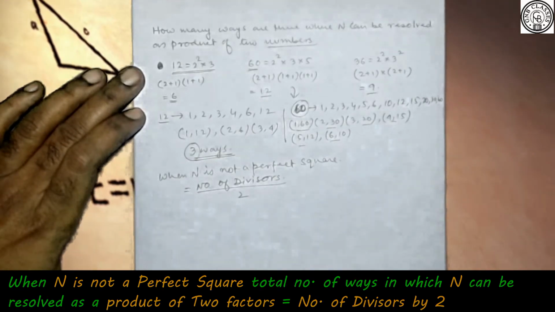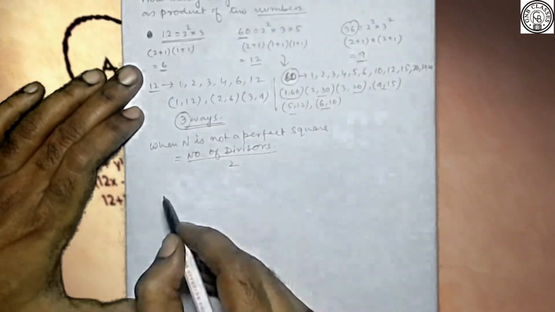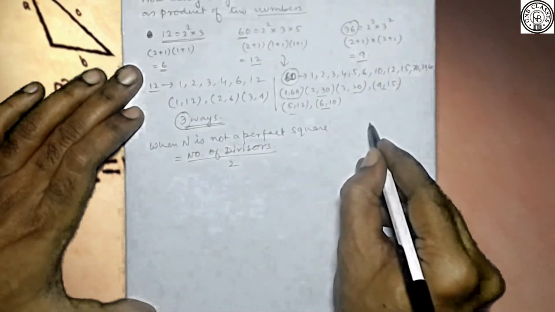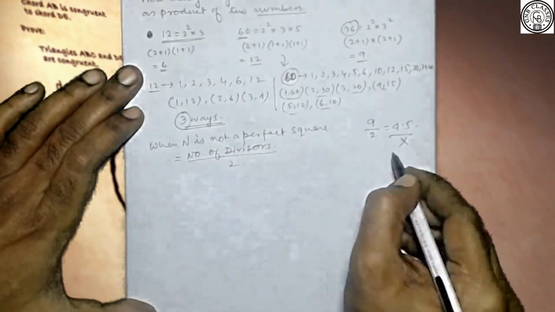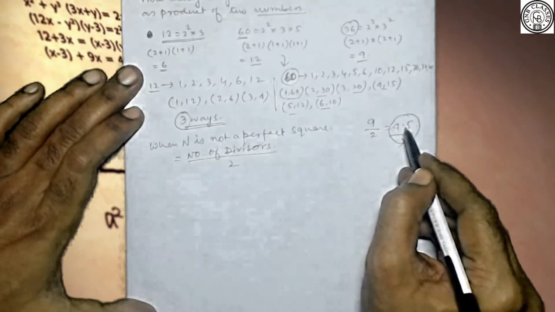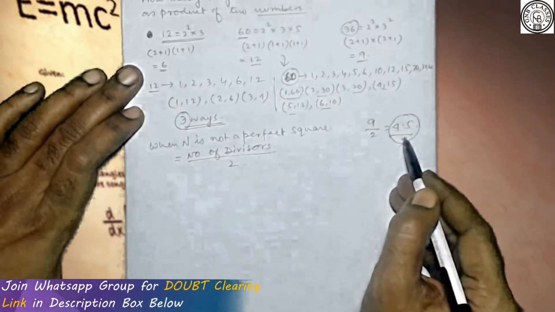That's it. Okay? But this is not true when the number is a perfect square. Otherwise, the total number of divisors of 36 is 9, then it would have been 9 by 2, which is 4.5, which is not possible because 4.5 is not the number of ways where n can be resolved as a product of two numbers. It cannot be a fraction.